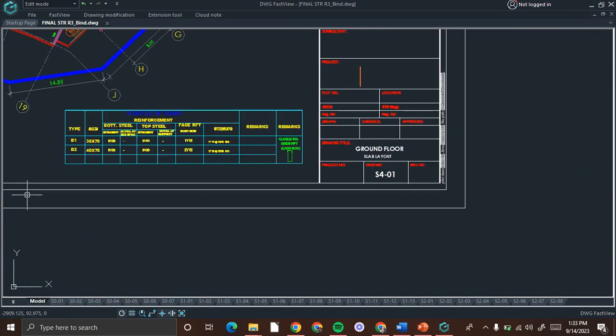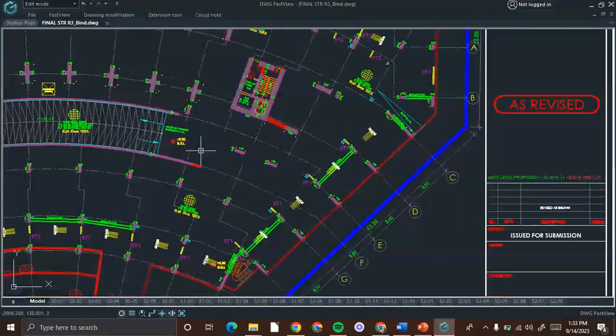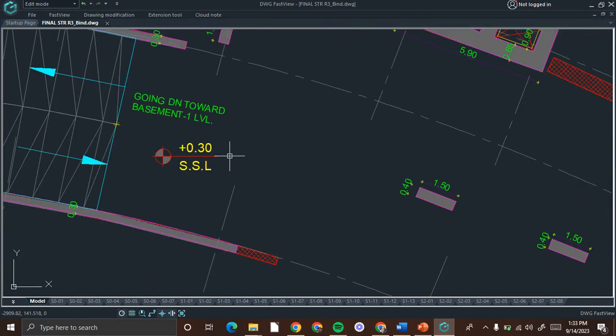Now let us check what is the level of the ground slab level. Here it is given plus 0.3 SSL. Plus 0.3 means the slab is at a height of 30 centimeter above the ground level.